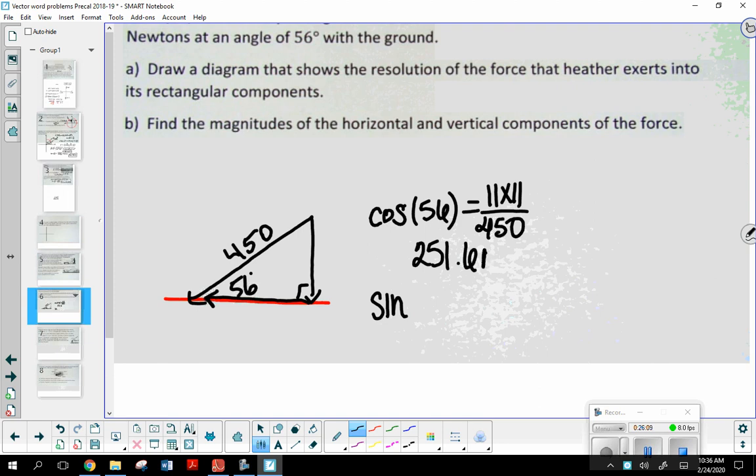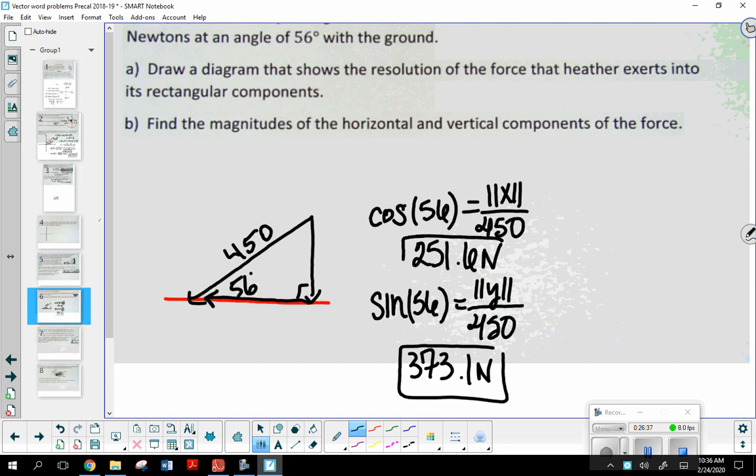Newtons. There we go. Now she's going to go ahead and set up the sine. Sine 56 degrees equals magnitude of y, the opposite over 450 once again. There we go. $373.1 newtons. Perfect. That's it.